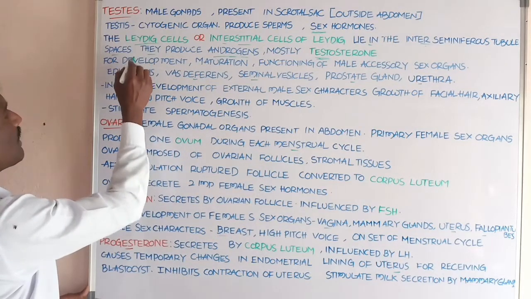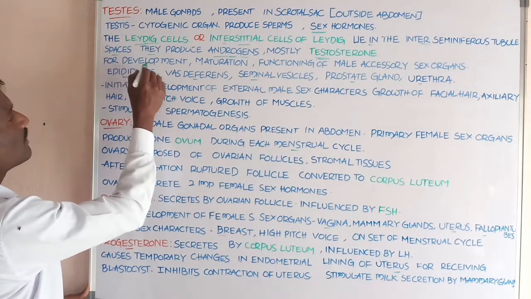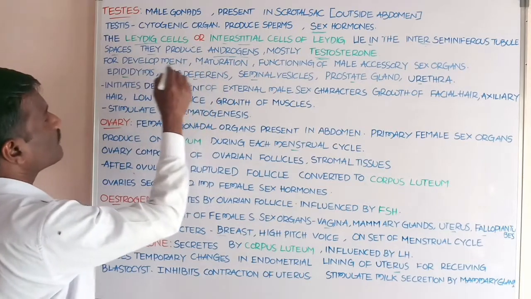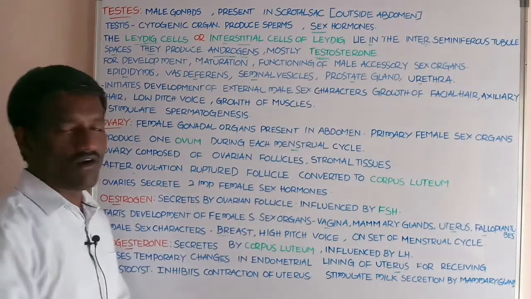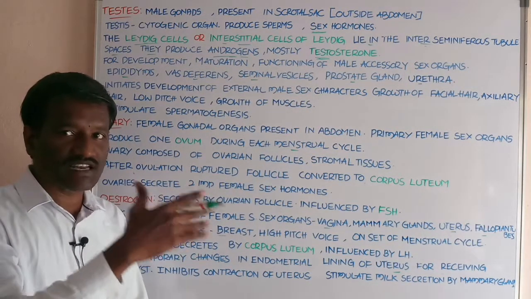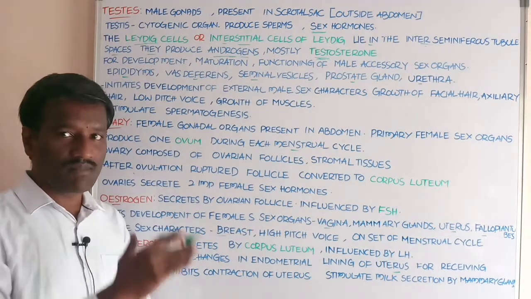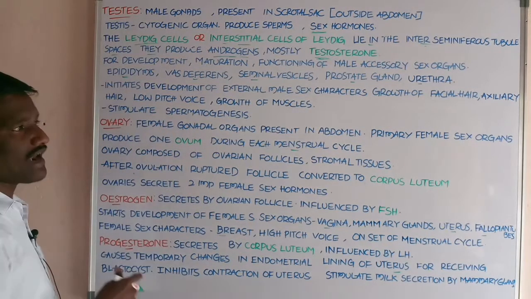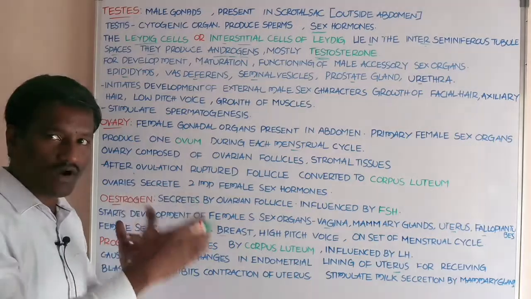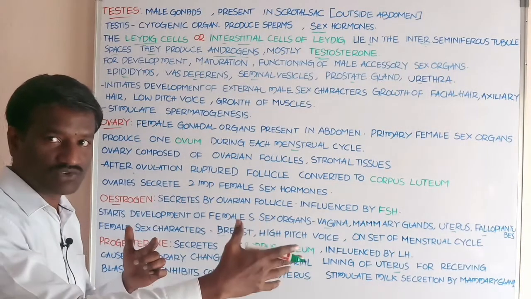Testosterone is helpful in the development, maturation and functioning of the male accessory sex organs. Which are the male accessory sex organs? The parts related to the male reproductive system.